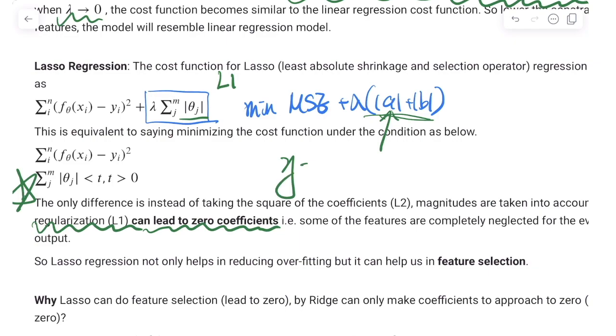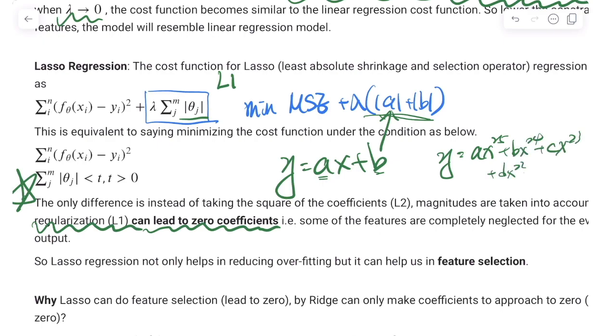So if the model can be very complex, something like that, if part of the coefficients becomes 0, that means this model will be less complex, right?